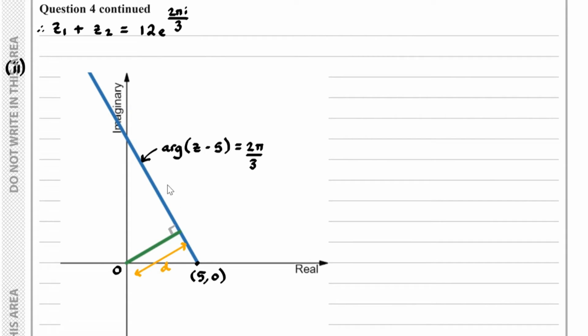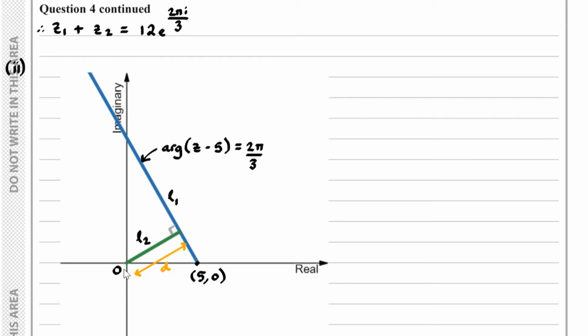Now, if I call this line L1 and if I call this line L2, what we can do is find out the equation for L1, find out the equation for L2, and find out where they intersect.